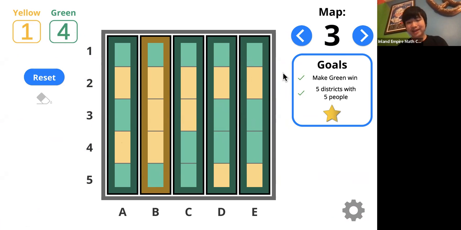So it's sort of like divide and conquer. And then all of the leftover votes that yellow should have gotten, he just compacted into this one. In this one, yellow doesn't really waste many votes in this district, but they waste a lot of votes on the other ones. But later we will probably see how compacting yellow's votes into one district will help.